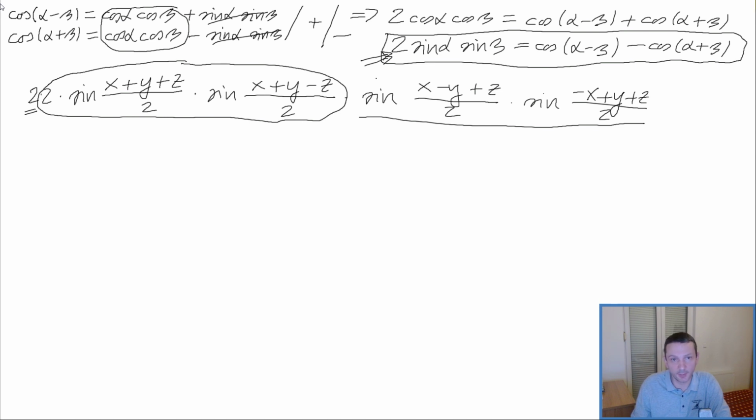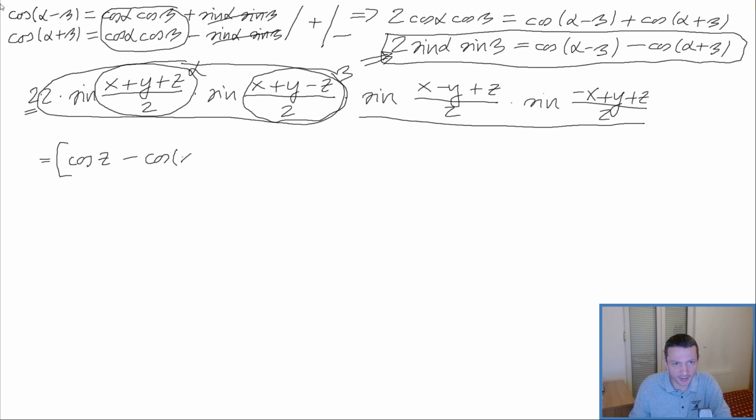So in the first application, this is alpha and this is beta, and we obtain cosine of alpha minus beta, which is nothing but z, minus cosine of alpha plus beta.